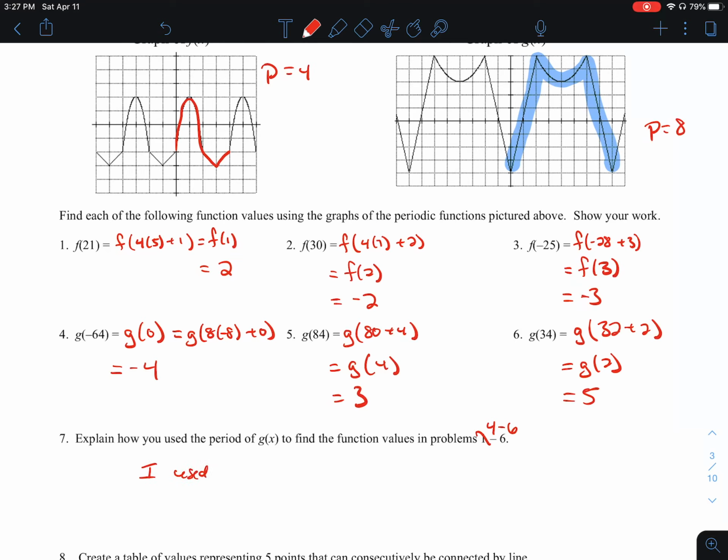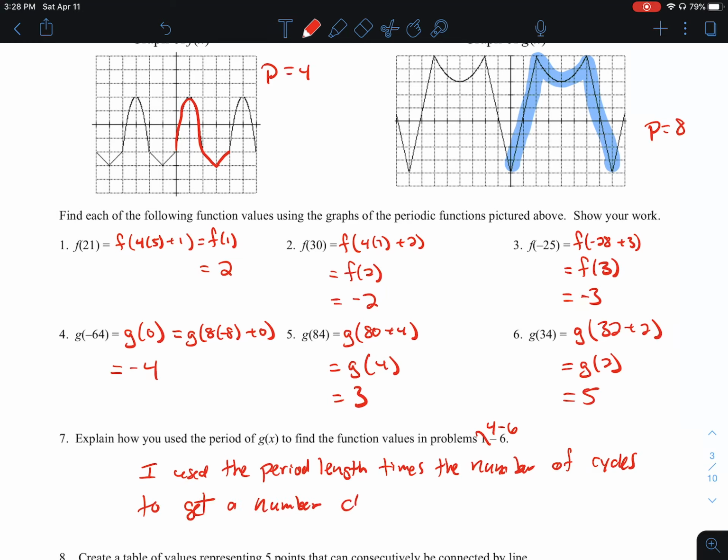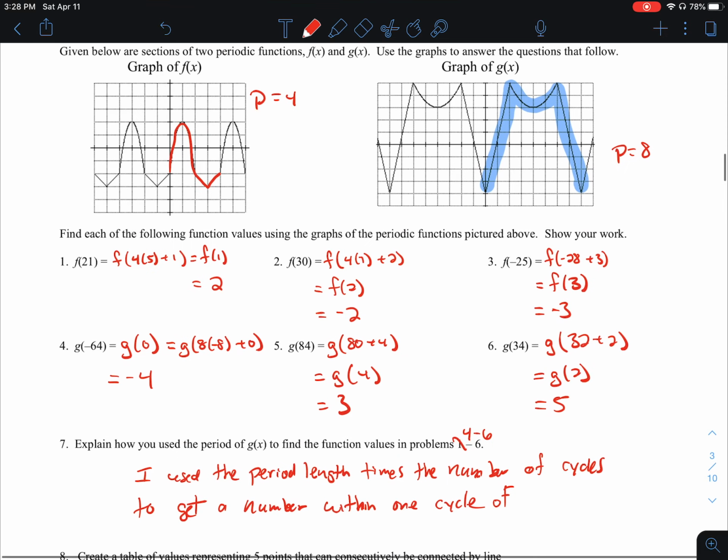I used the period length times the number of cycles to get a number within the first cycle. I don't want to say close to, within one cycle. Let's see, how do I want to say this?